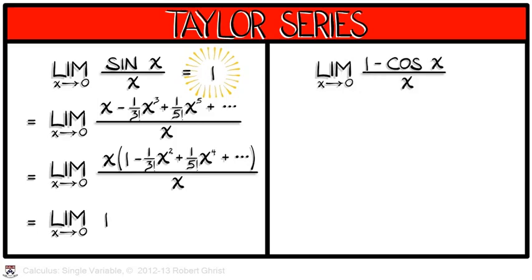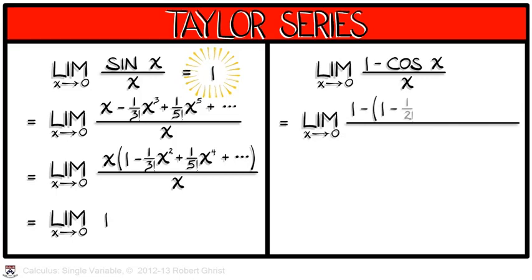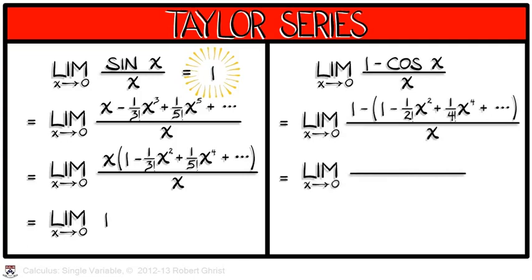Likewise, you might recall that the limit as x goes to 0 of 1 minus cosine of x over x is, what was that? Oh well, I don't remember, but I do remember what cosine of x is. And I note that here the 1's cancel, and I'm left with the limit of x squared over 2 factorial minus x to the 4th over 4 factorial plus higher order terms.